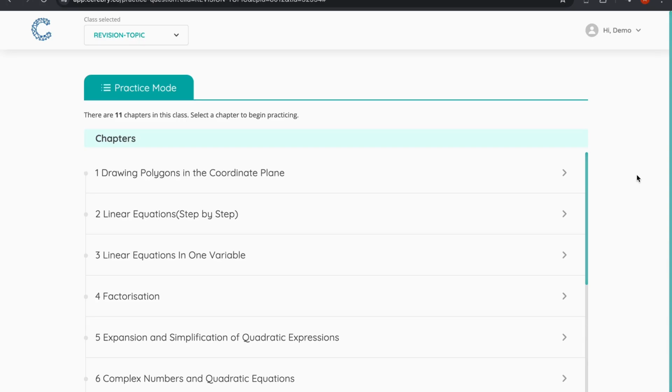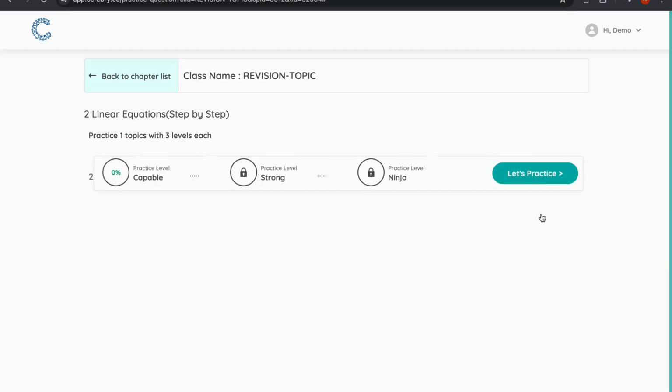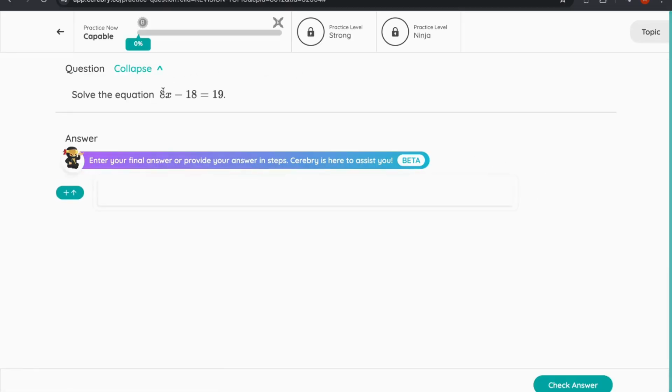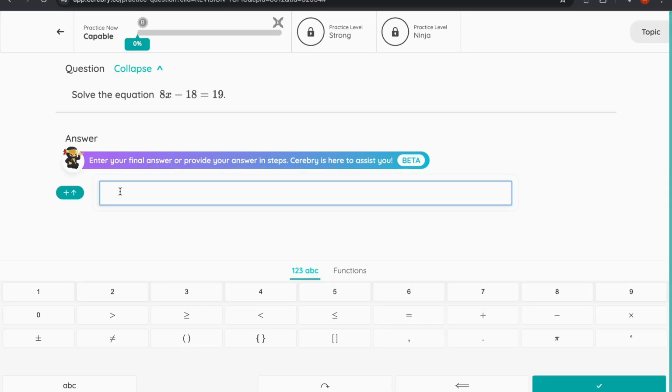The platform also allows the users to solve a complex equation step by step. For example, in this question, I can choose to solve the equation directly or I can also input the given equation step by step. Let me showcase the example of how it will appear if I solve directly versus step by step.